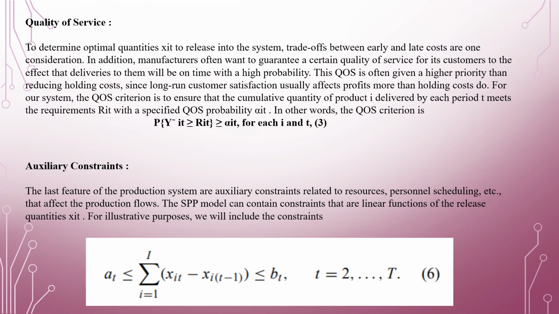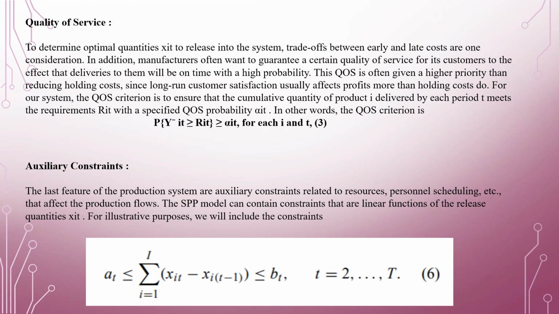For our system, the QoS criterion is to ensure that the cumulative quantity of product i delivered by each period T meets the requirements R_iT with a specified QoS probability.